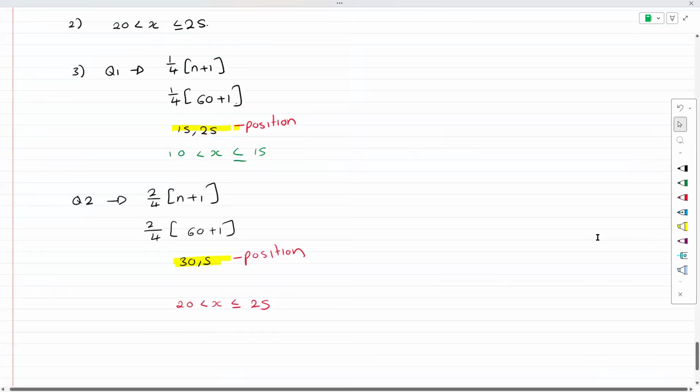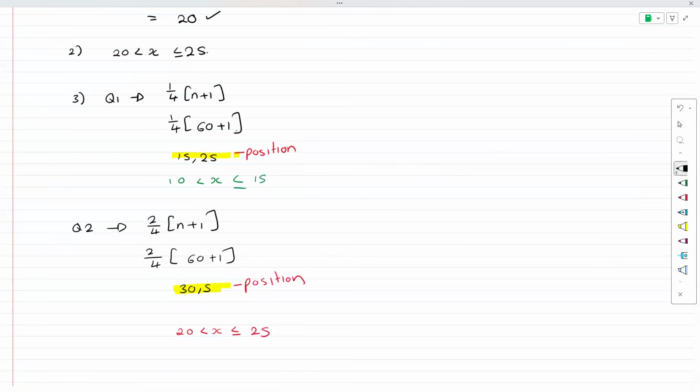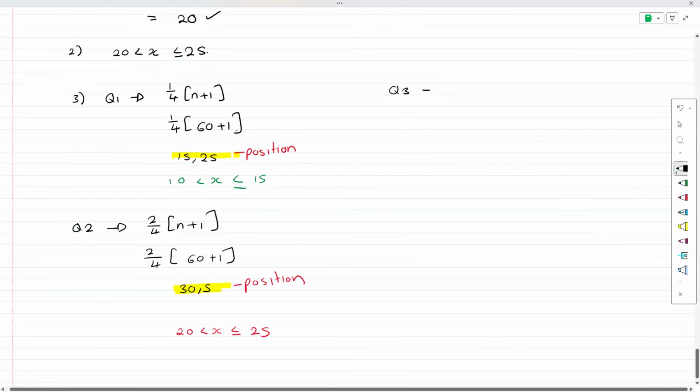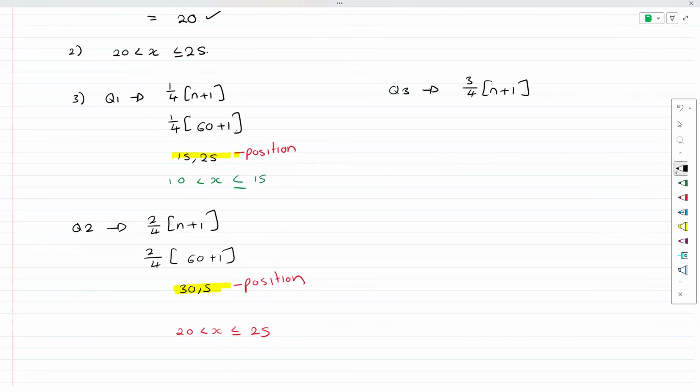If we go to quartile 3, generally, quartile 3 is 3 over 4 n plus 1. That's just the formula we will use. 3 over 4 n plus 1, this is 3 over 4 into 60 plus 1, which equals 45.75. And again, remember, this is not the answer.